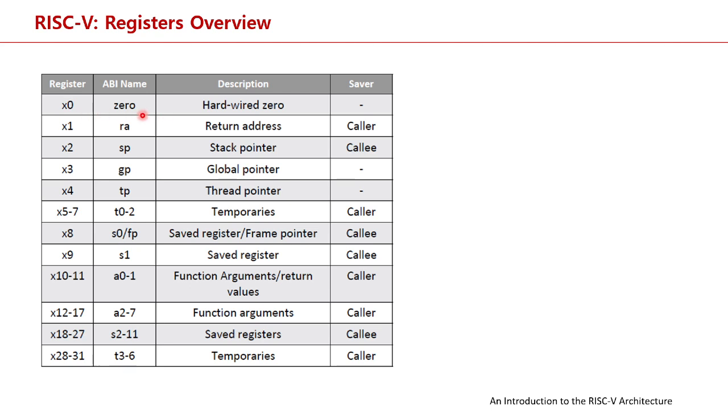It is useful when you need the value 0 in any assembly instruction. Other registers are used for different purposes. Some registers are used to pass function arguments, and some are used to store temporary values. So let's dive into more detail about how the general purpose register can be used.